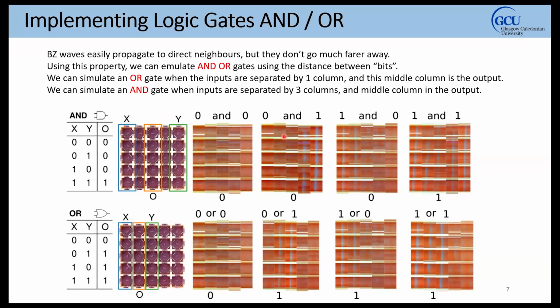But then if only one of the columns is stirring, for example, the rightmost column here or the leftmost column here, the signal doesn't propagate to the middle column because it just dissipates through the space. But then if you have the leftmost and the rightmost columns both oscillating, because both columns are generating oscillations, they meet in the middle, and then you can see how it oscillates in the middle.